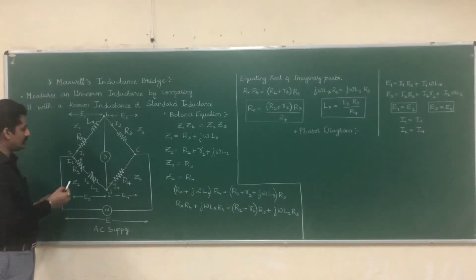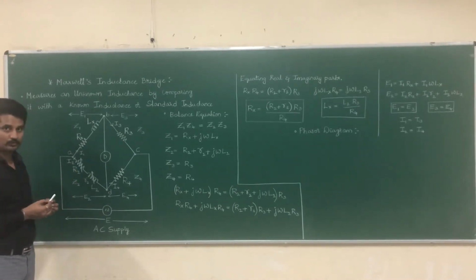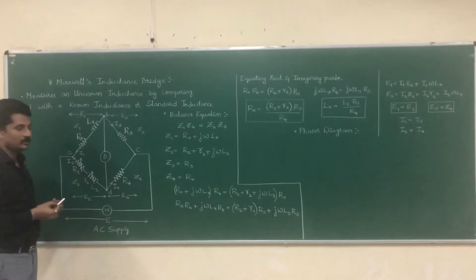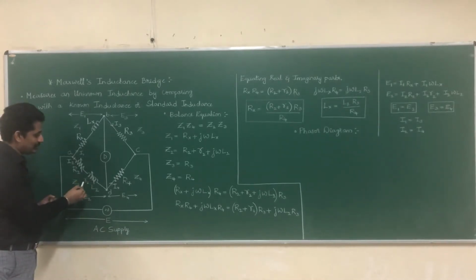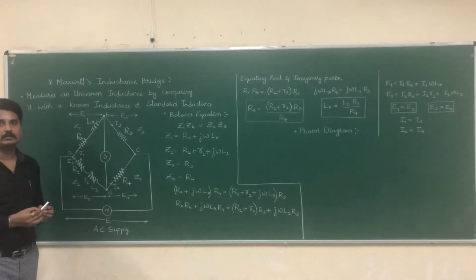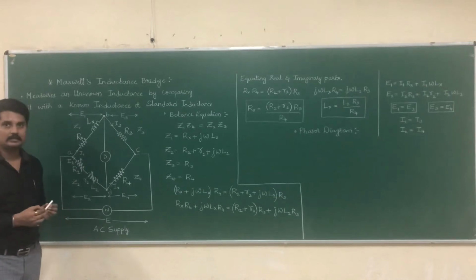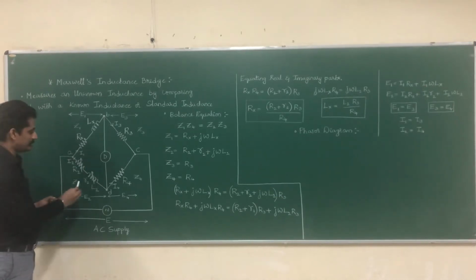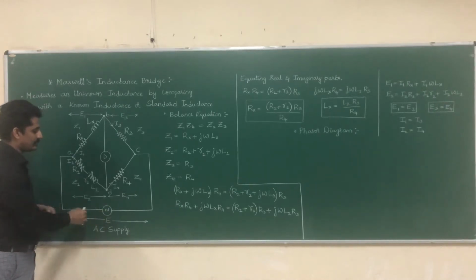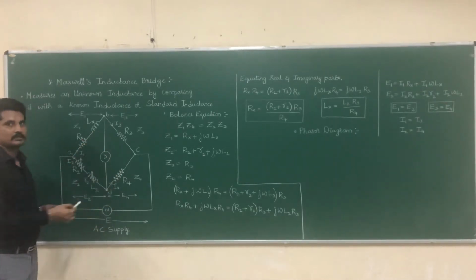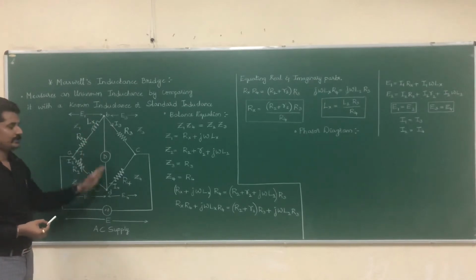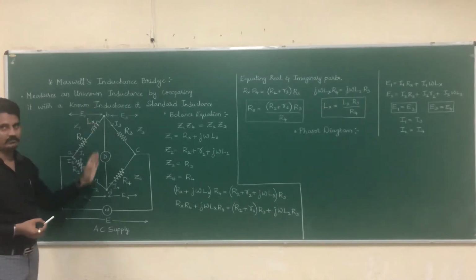In arm AD we have a variable resistor R2 in series with a variable inductor L2, which has an internal resistance represented by small r2. We have given an AC supply to the circuit, and a detector is placed in between.